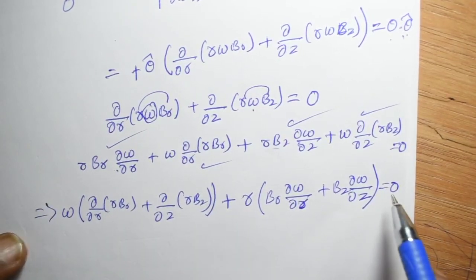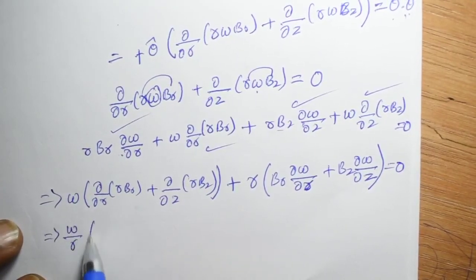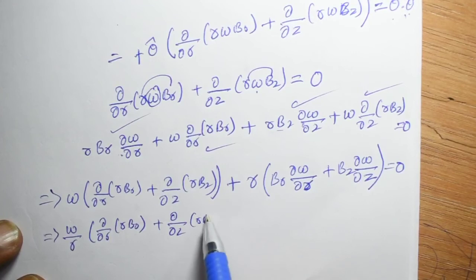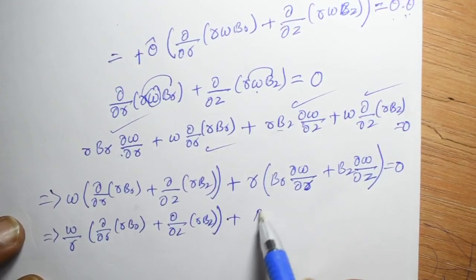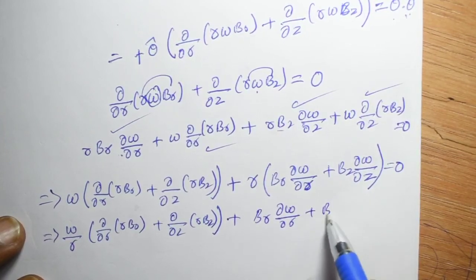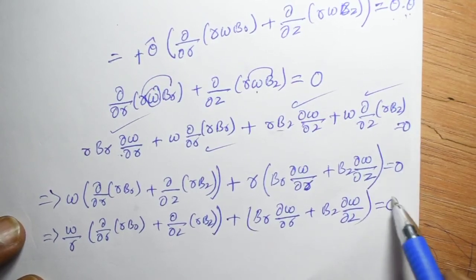Now divide throughout the equation by r, then it implies omega by r into del by del r of r br plus del by del z of r bz, plus r gets cancelled, simply br into del omega by del r plus bz into del omega by del z is equal to 0.